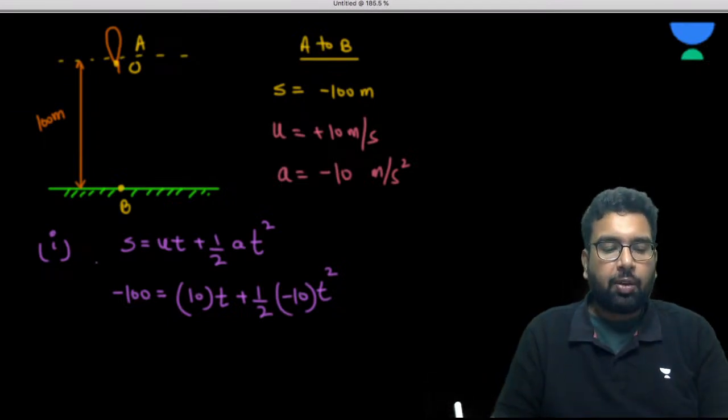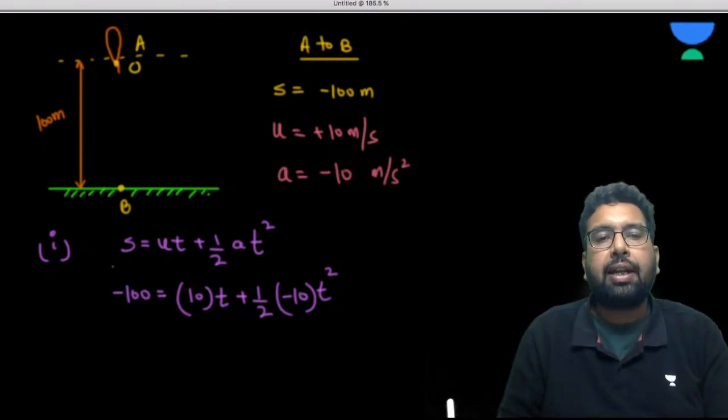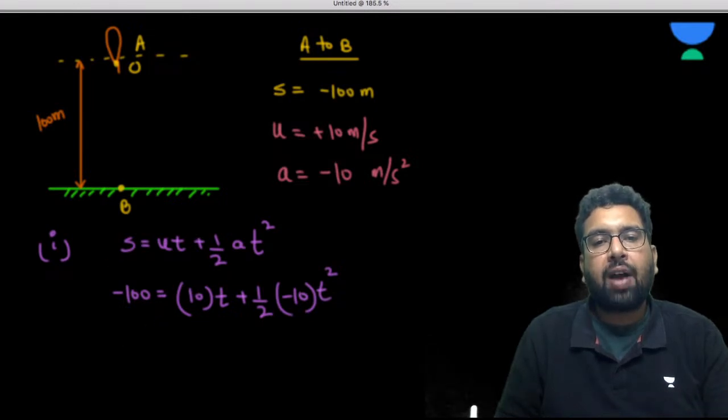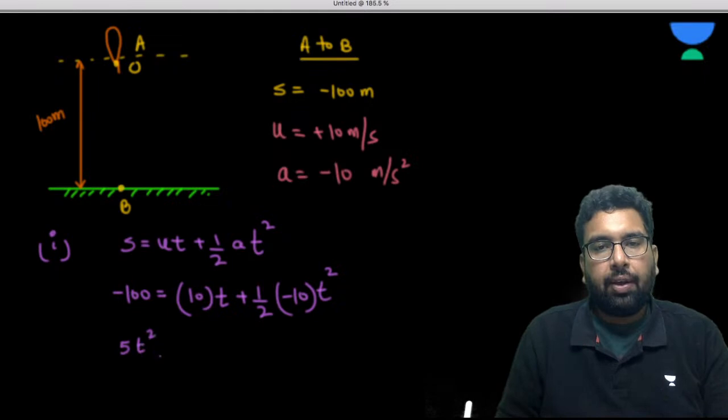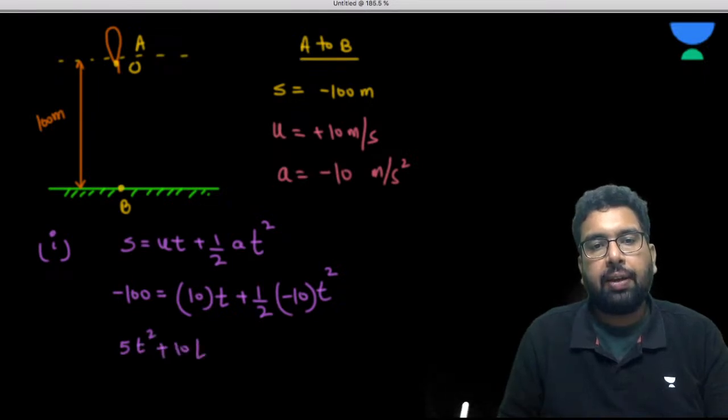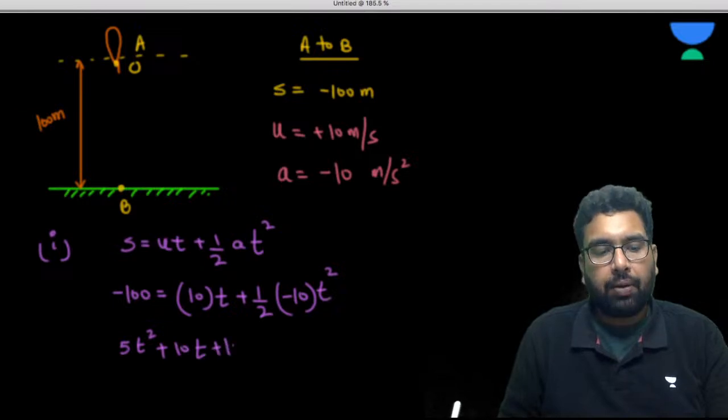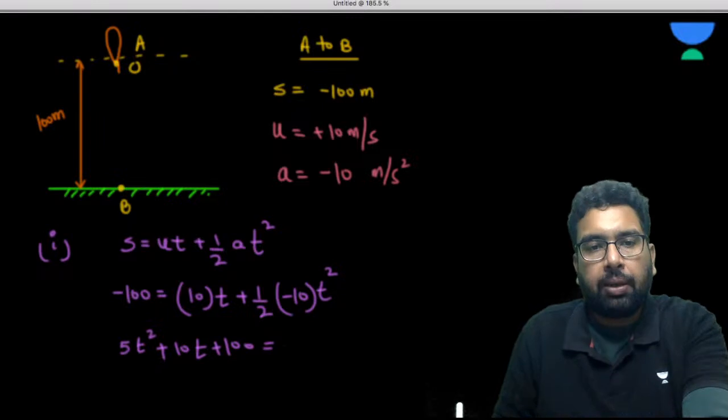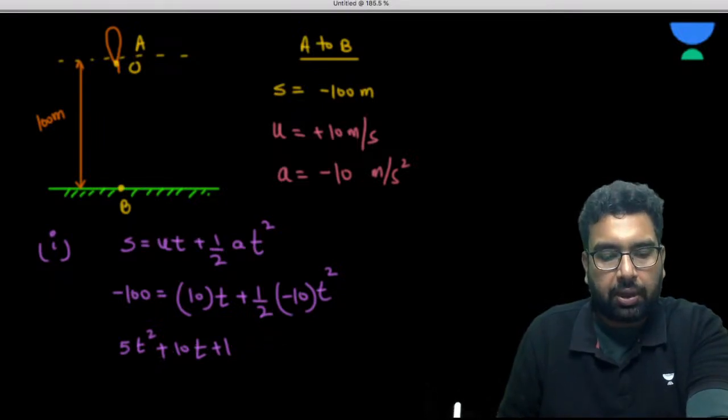Yes, sir, absolutely. Now from here, we can solve for t. So we have 5 t square plus 10 t plus 100, so I'll take it to this side.